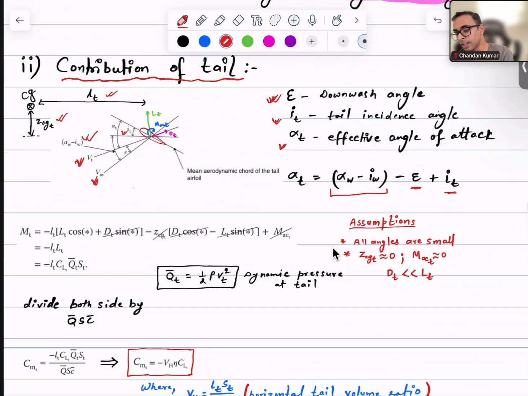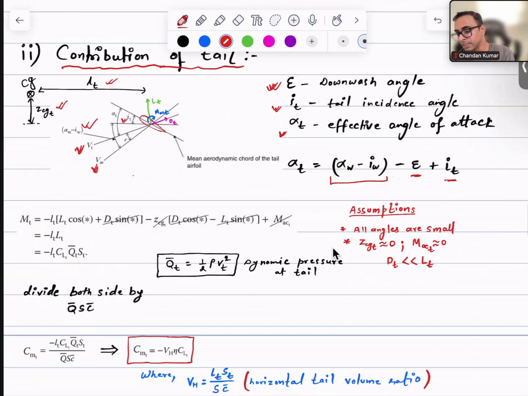So when we resolve these forces, the lift and drag acting on the tail, we can express the moment about the center of gravity in this form. As for the wing we had certain assumptions, in the same way we have certain assumptions for the tail: that all angles are small, the vertical distance z is very small, the moment about the aerodynamic center of the tail is small, and drag is very small compared to the lift.